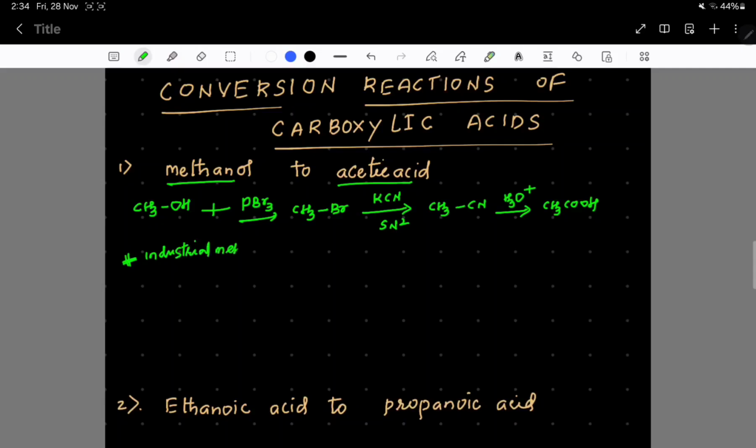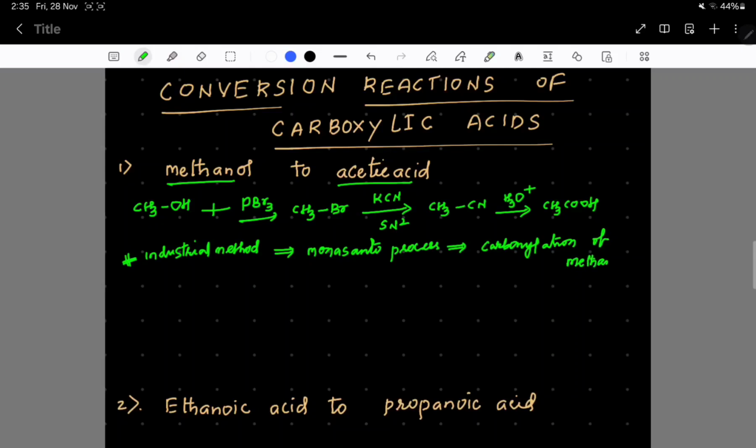This method is an industrial method. Its name is the Monsanto process, and it is also called carbonylation of methanol.